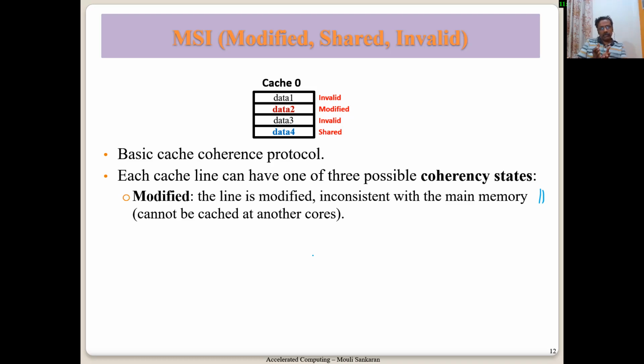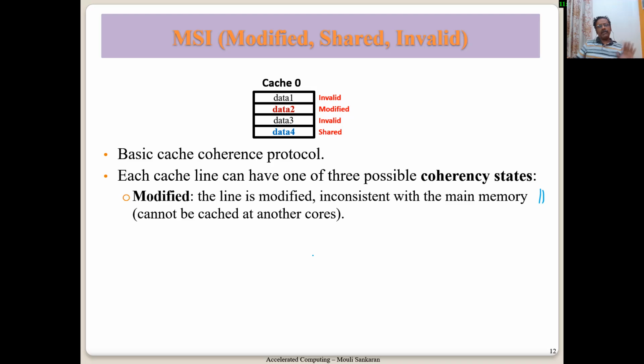So suppose some cache line is sitting inside a particular processor's private cache, and the processor is writing into it, that means it is modifying that particular cache line. In that case, that block or cache line is in the modified state in that particular cache, and there can be only one place where the cache block can be in the modified state, because we cannot have too many writers into the same block, as there will be inconsistency.